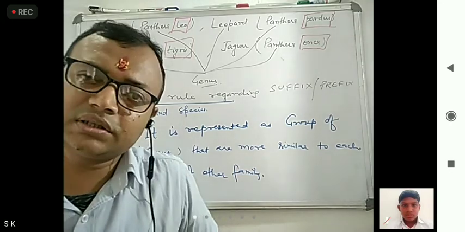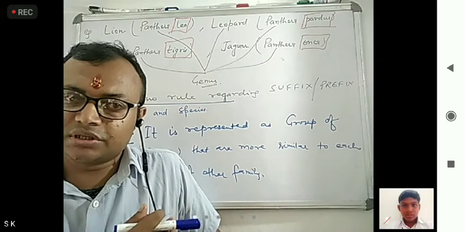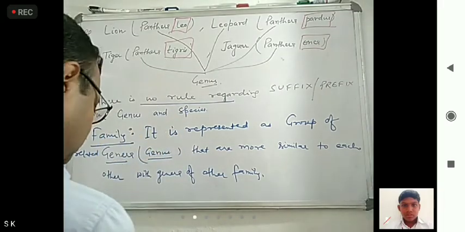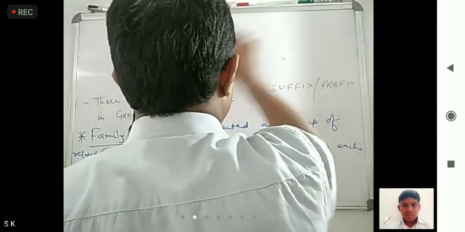Family is based on common ancestry. How is this recognized? We have to know that it is based on common ancestry.